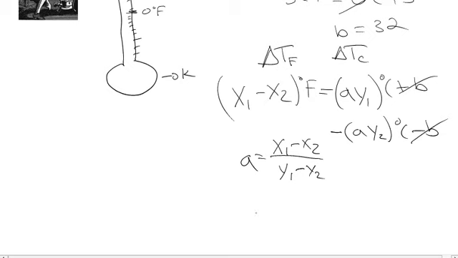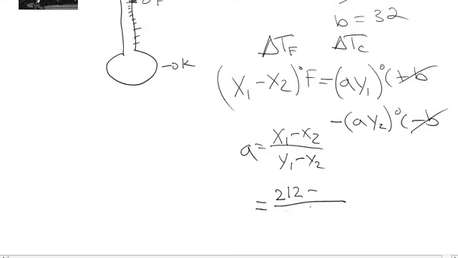And so we can just plug in our x1 and y1 to be the boiling point. So that's 212 minus, well, let's do the ones first. And then we have, this is the same thing, the boiling point in centigrade is 100, and then let's do the freezing points, which are 32 and 0.